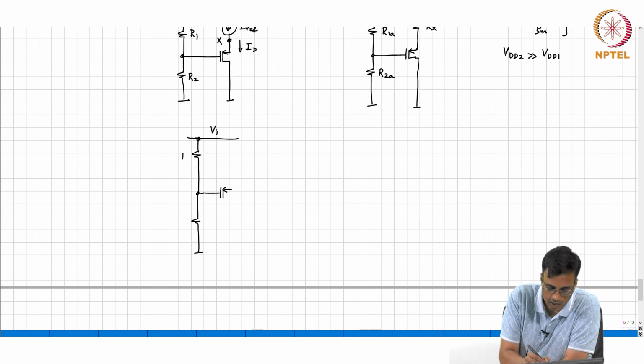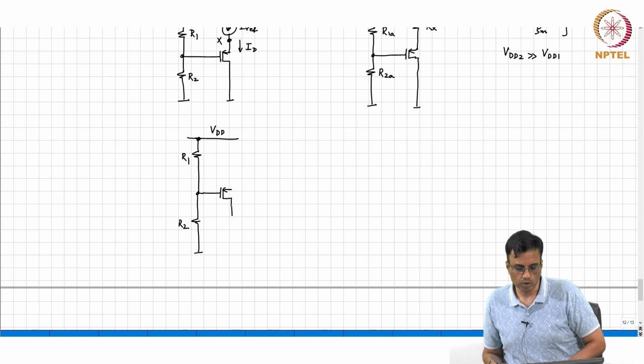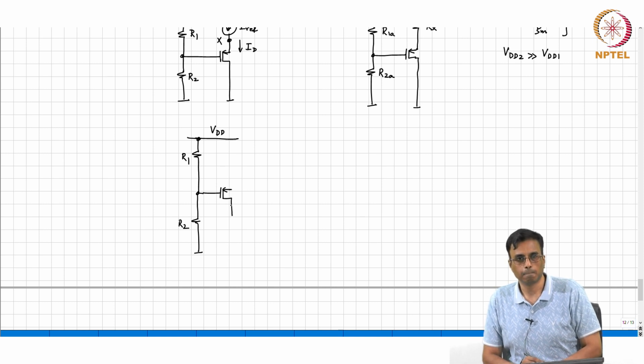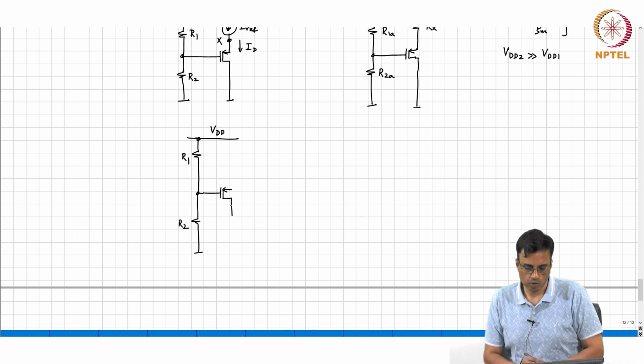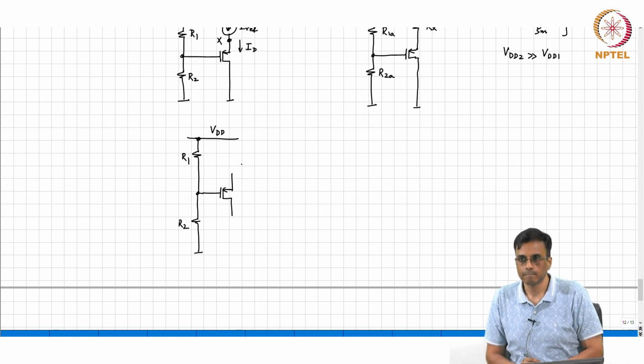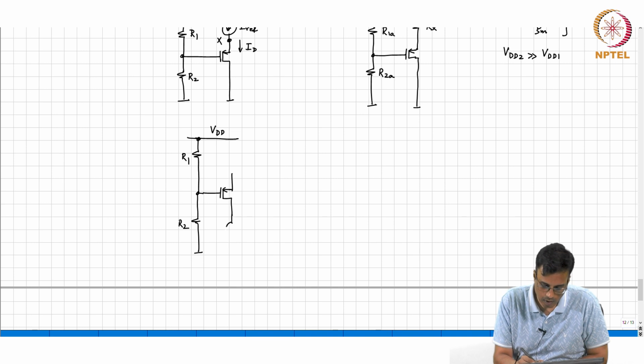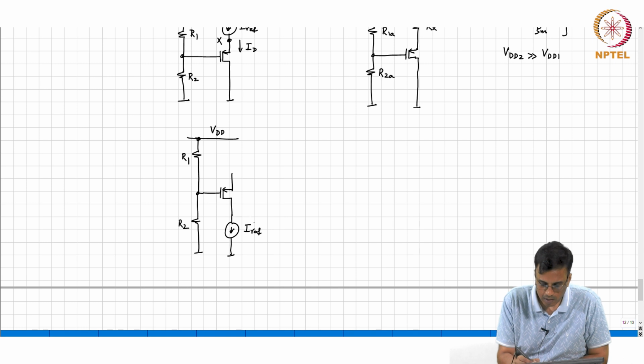So, this is VDD, some R1, some R2. You measure the current in the drain and vary the source. So, what should I do? Current source in drain, is the current source Iref flowing downwards or upwards? Downwards, very good. Okay, all right, and this is the potential in node X.